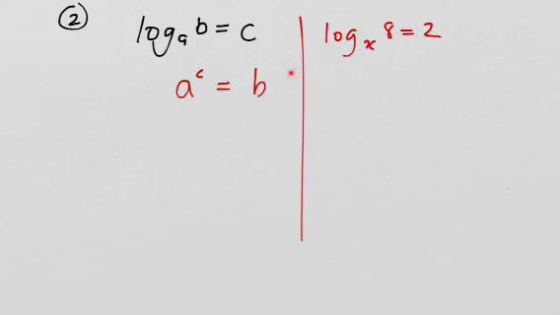If I write it in this form, a to the power c equals b, then x to the power 3 equals 8, therefore x must be the cube root of 8, which we know is 2. So rewrite the logs as an exponential function, and then just solve the little equation that comes from that.